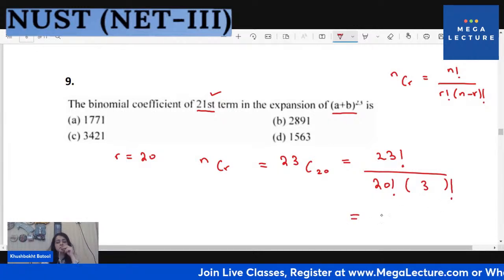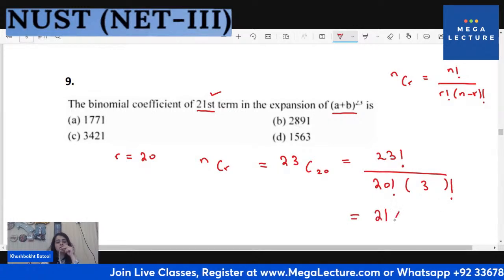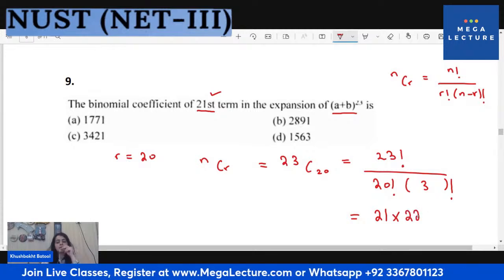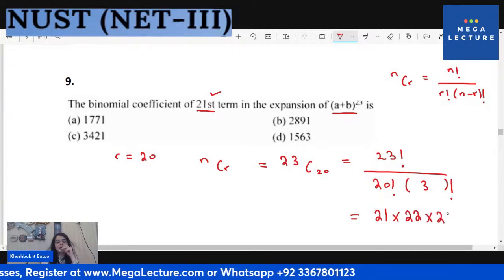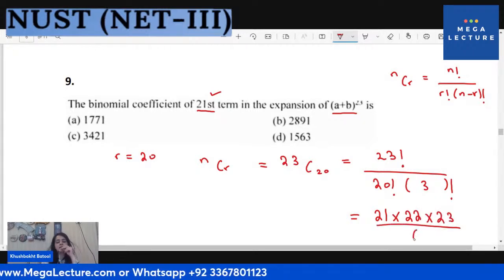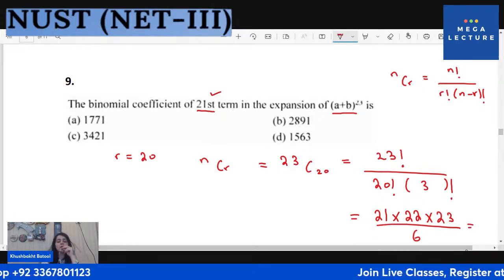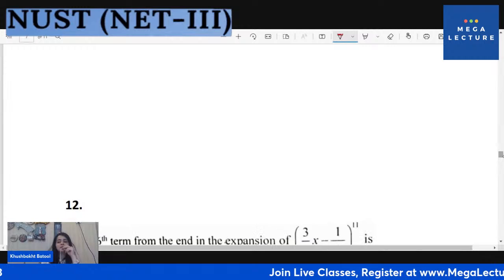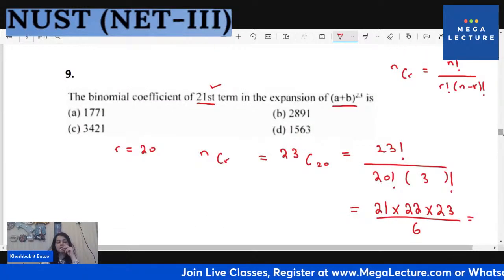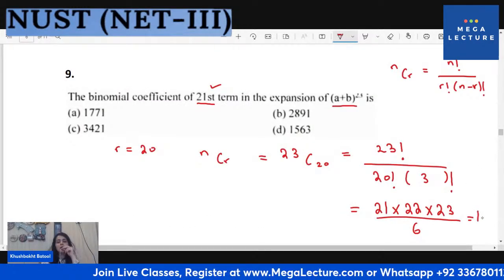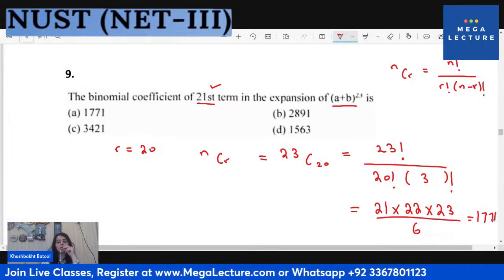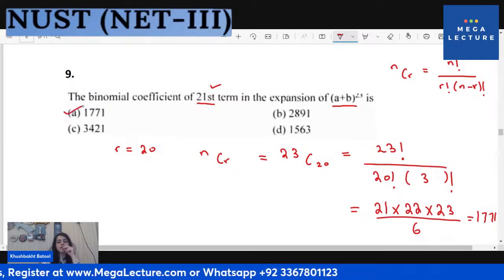So it is going to give you what? It would give you 21 multiplied by 22 multiplied by 23 divided by 6. So you can just multiply this. Obviously, you will have to. I already did because I wanted to save time. So the answer is going to be 1771. So it would be A.